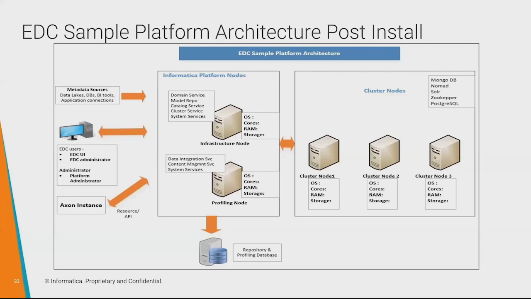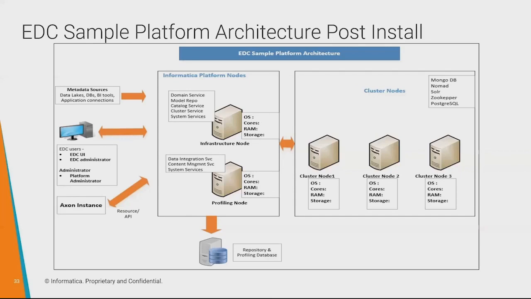Let me also reiterate that in this place, instead of or along with infrastructure node or profiling node, you can also mention the actual host name, because it's an internal facing document. So you can be more specific about the node name, like the host name and everything. The purpose of this document is to act as a one-pager for someone to understand the EDC environment from a technical or administrative perspective.